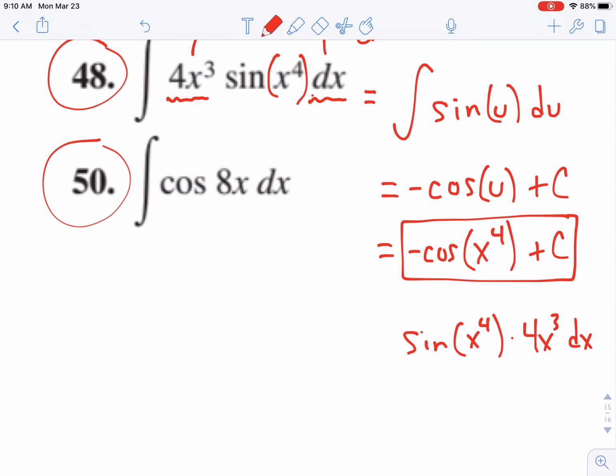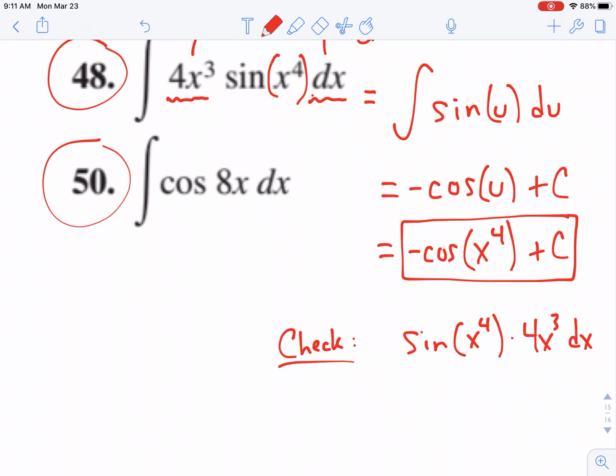And that's exactly what we have in our original integral in the question at hand. That's just our check step. You don't have to do that step, but that's how you would check it. You would take the derivative of your antiderivative, and you should get back your original integral.